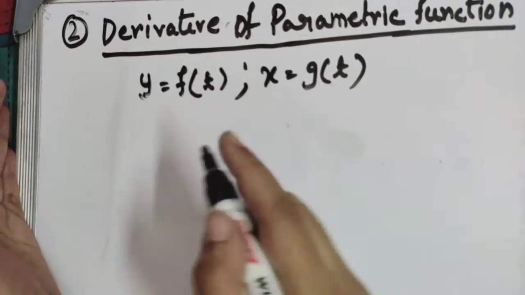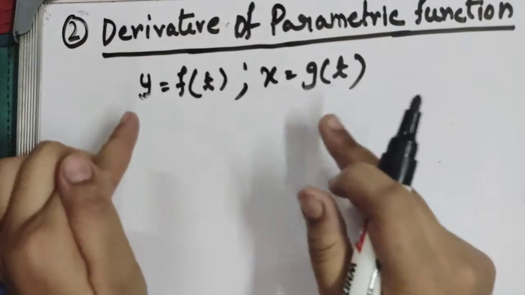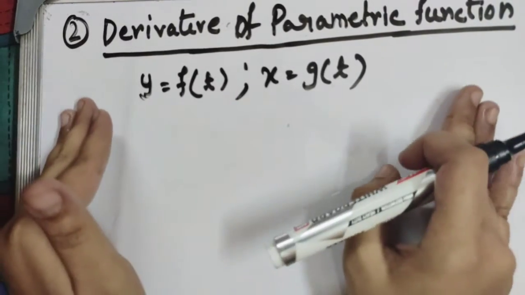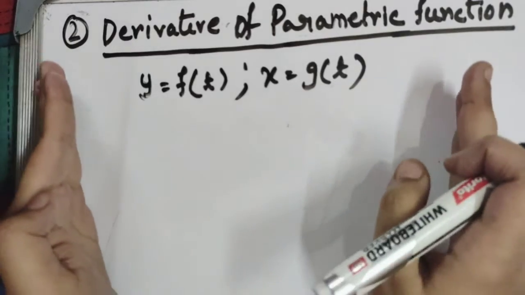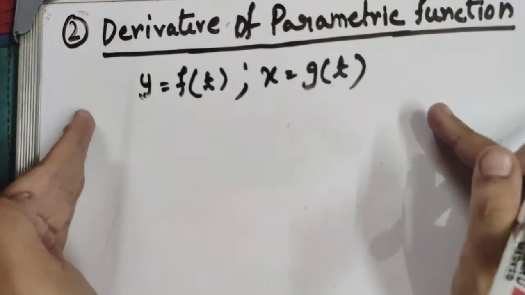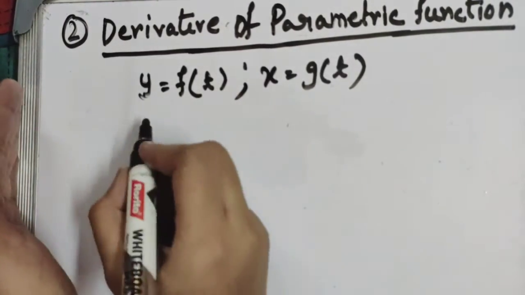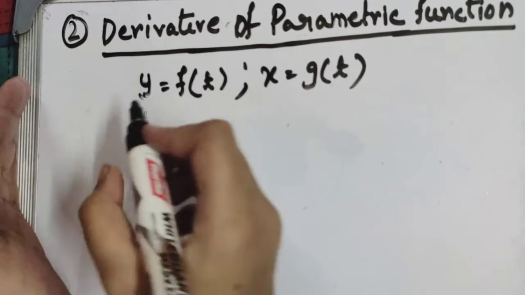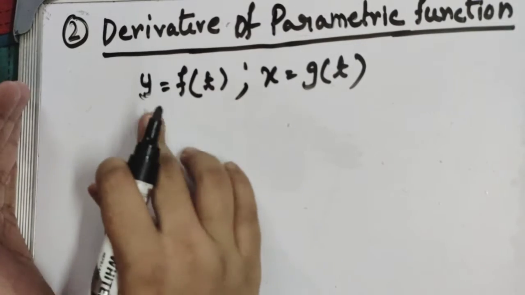Okay, so if we want to derivative of a parametric function, now what formula and what system we apply here, right? So first of all, we have to derivative y and x respectively with respect to t.